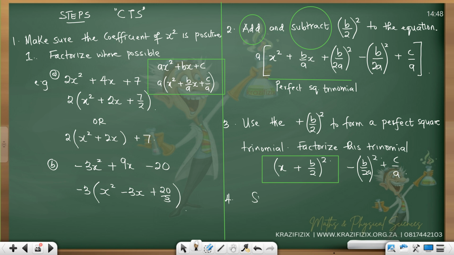Step 4, we simplify. Let's use numbers so that we don't get confused. We're going to start with binomials and then we go to trinomials together.